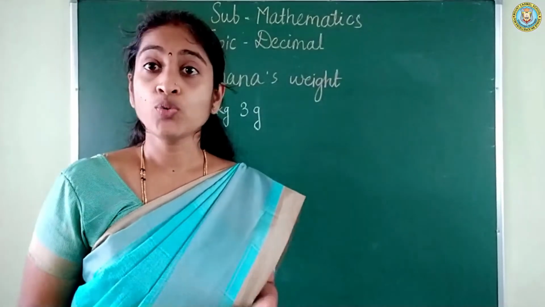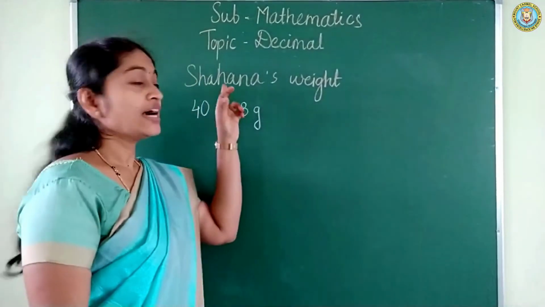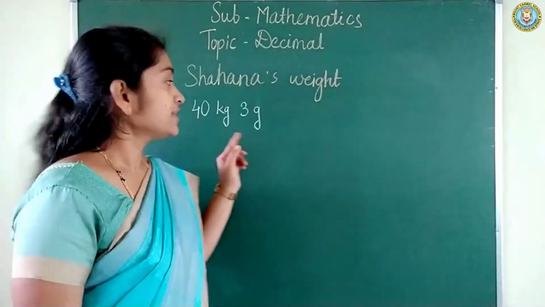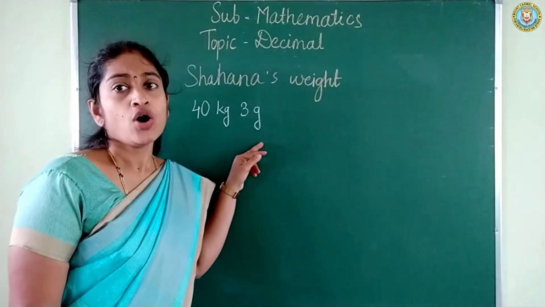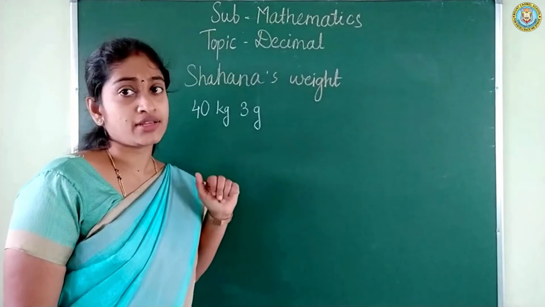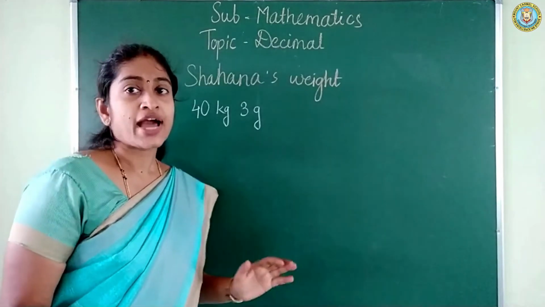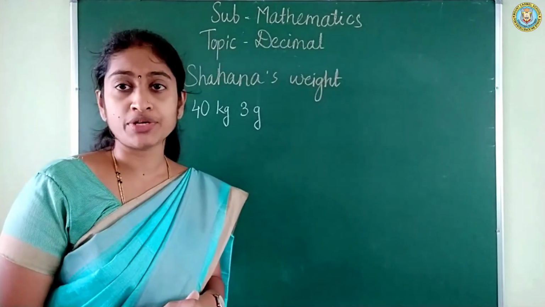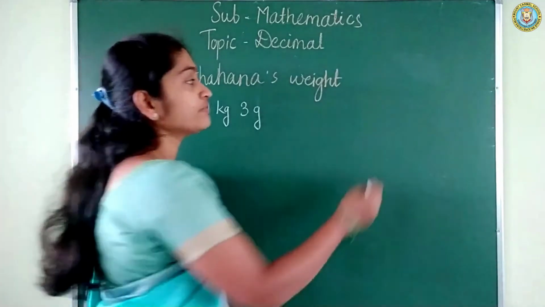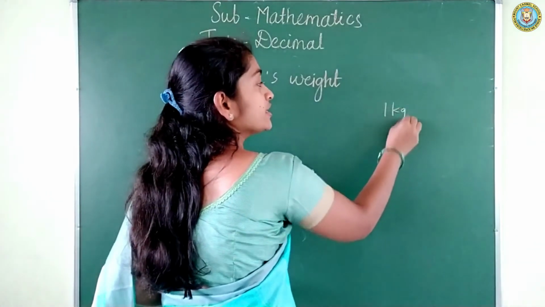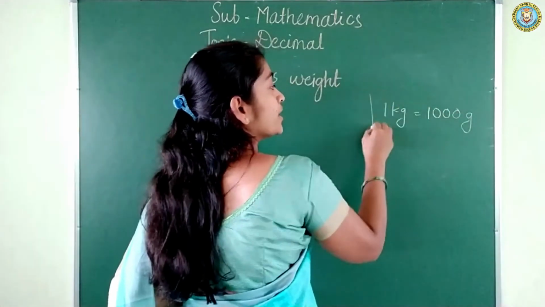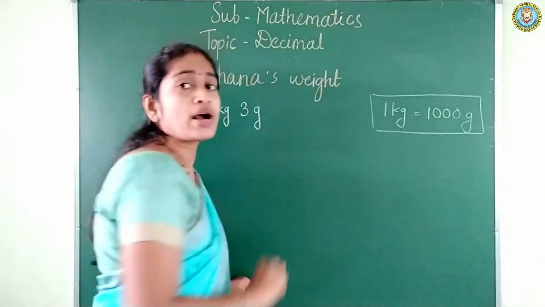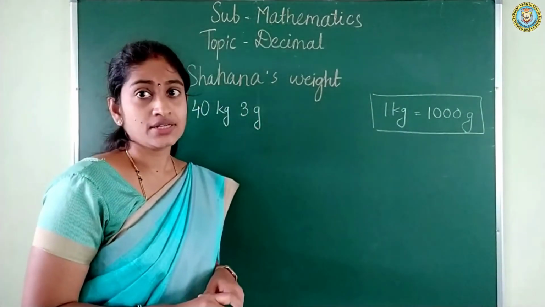So here, what is given? Shahana's weight. How much is it? 40 kg and 3 grams. These are two numbers given in two units. We have to merge them into one unit. How to do that? You know very well, 1 kg is equal to 1000 grams. You learned this in the last class, isn't it?